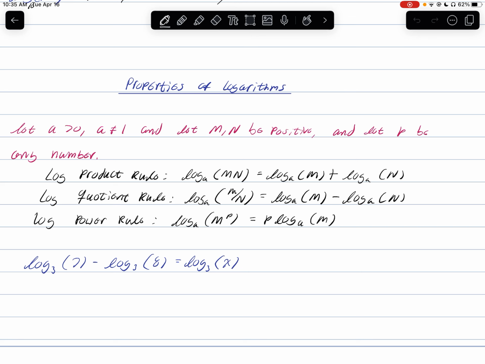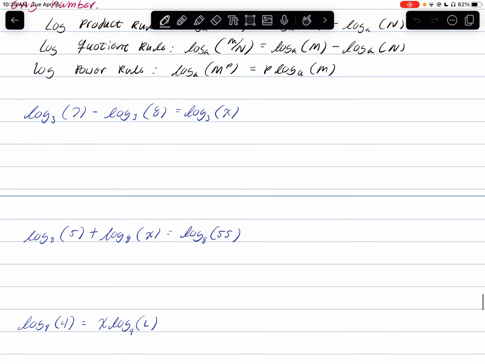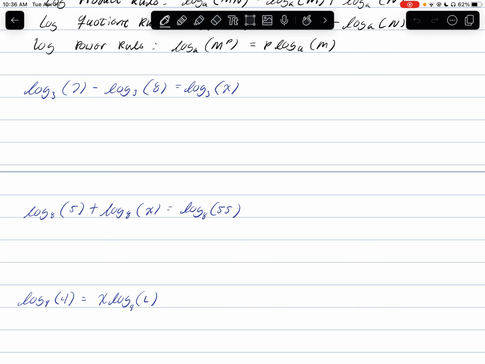Let's see if we can solve some problems given these rules. Let's say we have log base 3 of 7 minus log base 3 of 8 is equal to log base 3 of x. We want to solve for x. Let's rewrite these using the log rules.